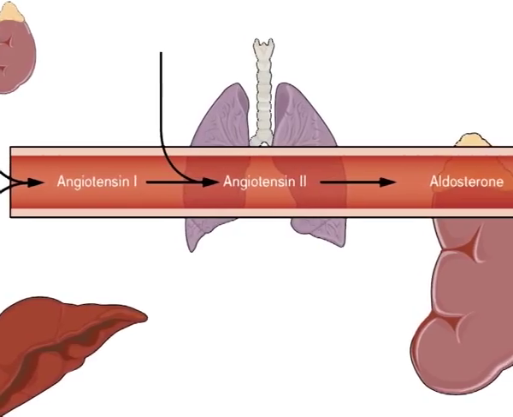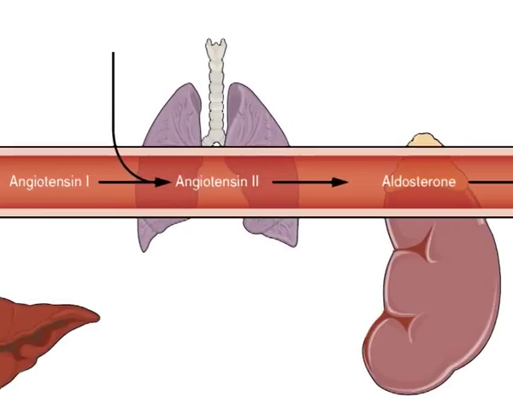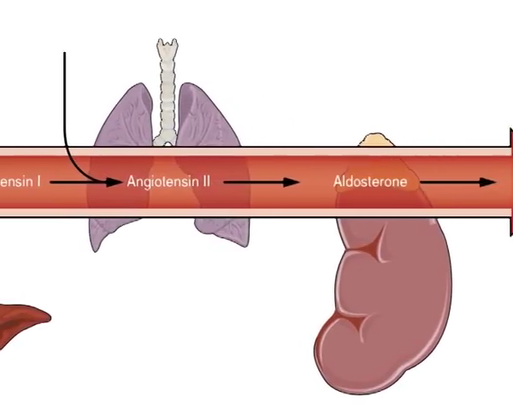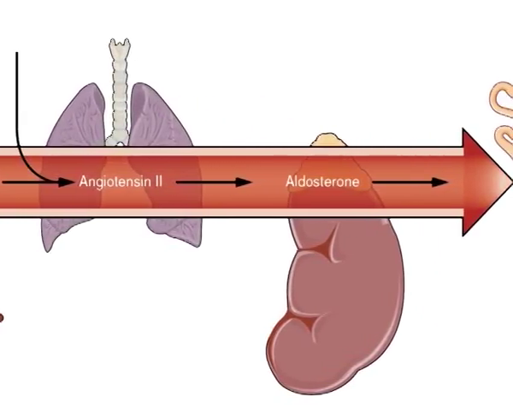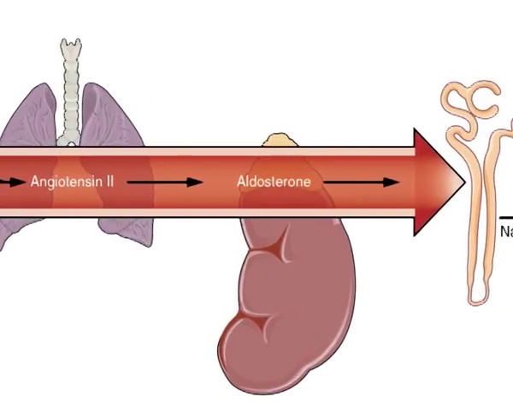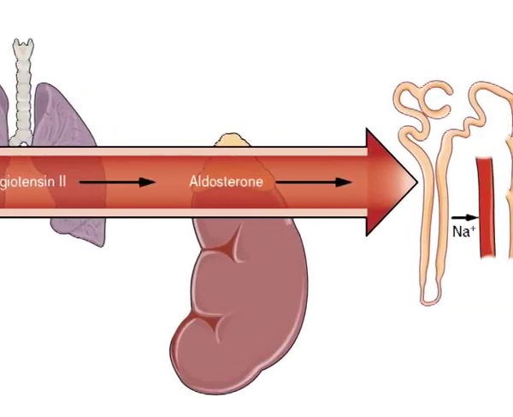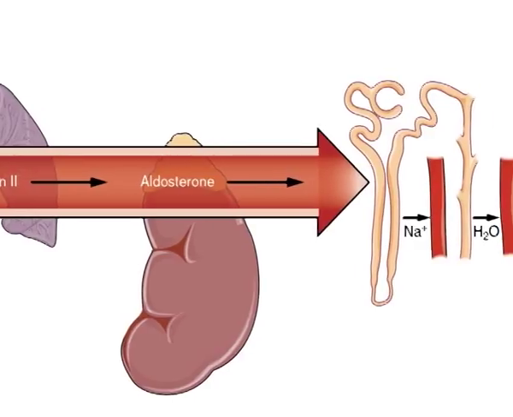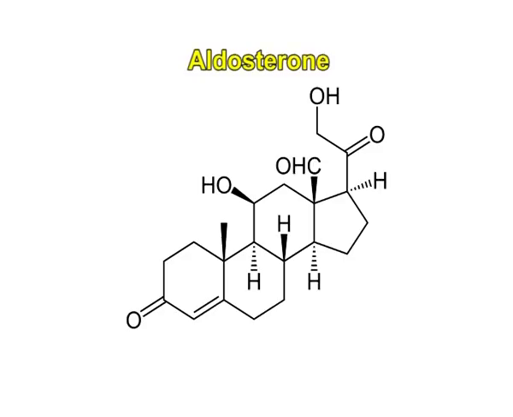It is a part of the renin-angiotensin system, which is a major target for drugs that lower blood pressure. Angiotensin also stimulates the release of aldosterone, another hormone from the adrenal cortex. Aldosterone promotes sodium retention in the distal nephron in the kidney, which also drives blood pressure up.